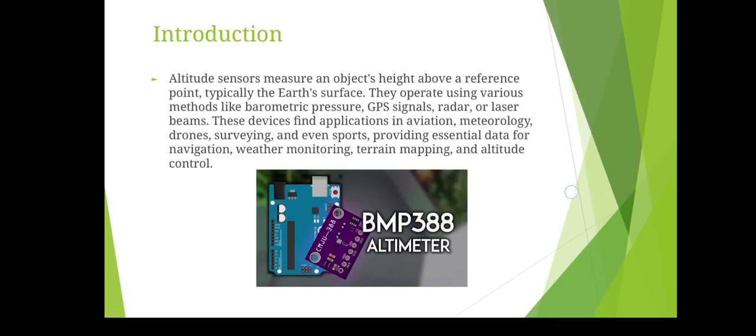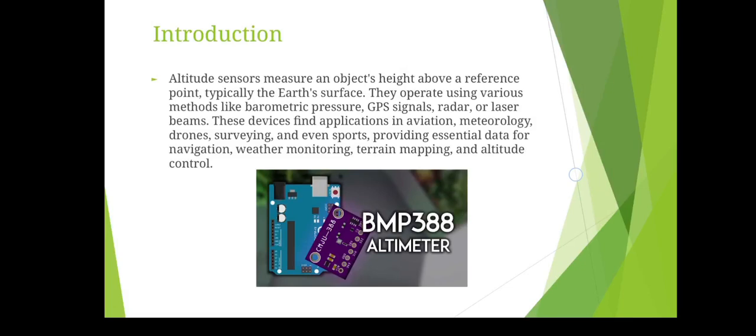By correlating this pressure with the known altitude, the sensor can determine the object's height above sea level. Altitude sensors come in various forms, including barometric, GPS-based, and radar altimeters, each suited for different environments and precision requirements.